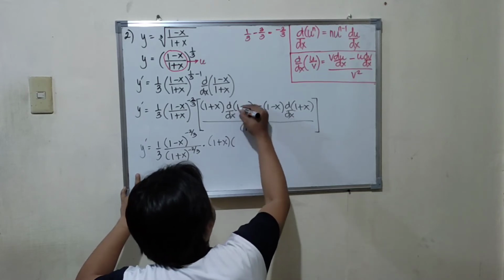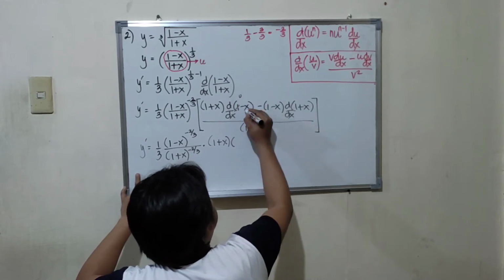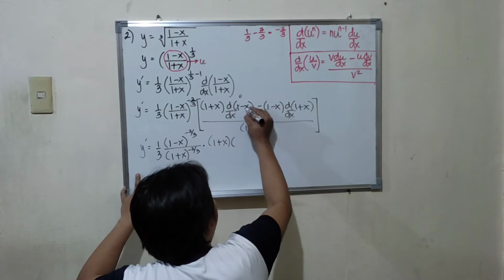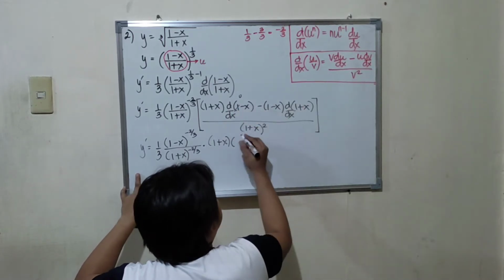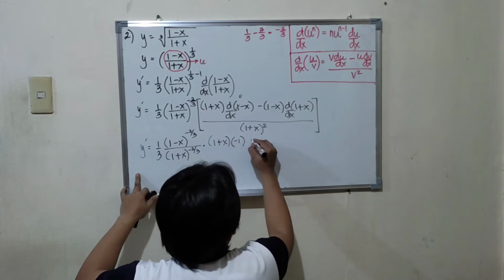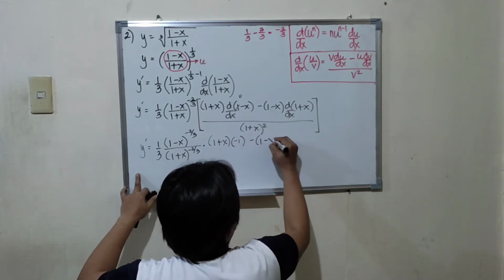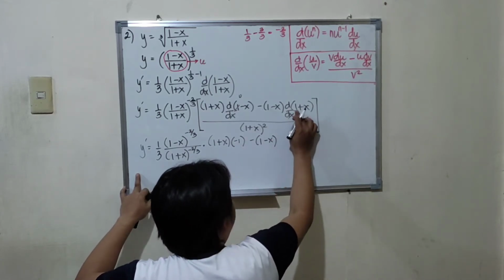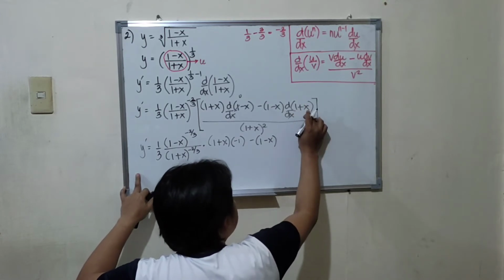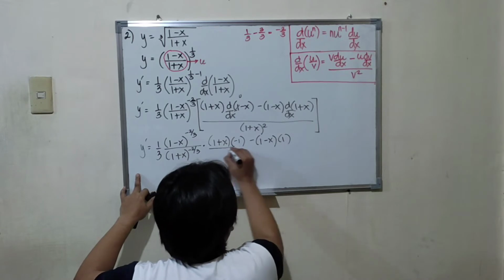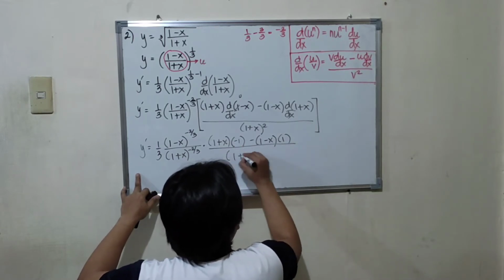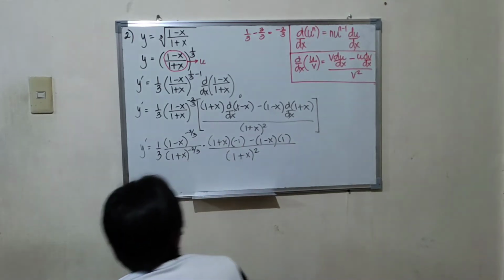Derivative of 1 with respect to x is 0. Then the derivative of negative x with respect to x, that is dx over dx, that is 1, so negative 1. Minus 1 minus x: again, derivative of 1 is 0, derivative of x with respect to x is 1. So times 1, all over 1 plus x squared.